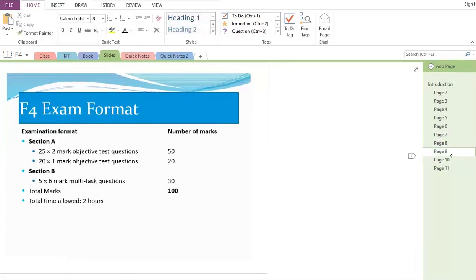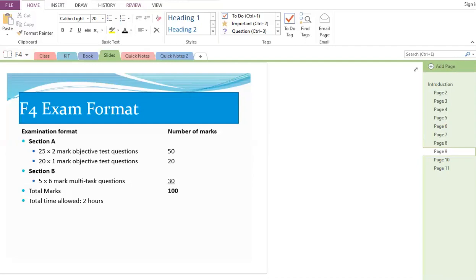So as far as the exam format of F4 is concerned, we can see there are two sections, section A and section B. Section A has objective test questions. 25 questions are of 2 marks and 20 questions are of 1 mark.